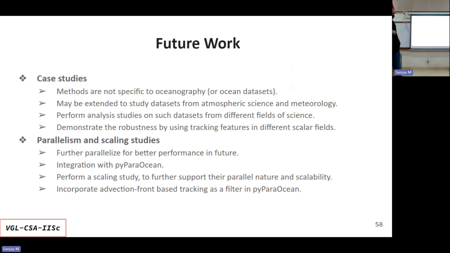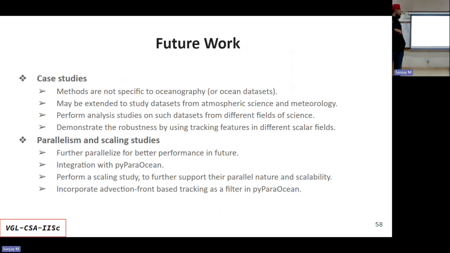For future work, like I said, we would like to show case studies for both methods on different datasets from ocean science or atmospheric science or some other field of science where we need to track some sort of scalar field. Because the definitions are not fixated in oceanography, these methods should be able to adapt to any dataset.